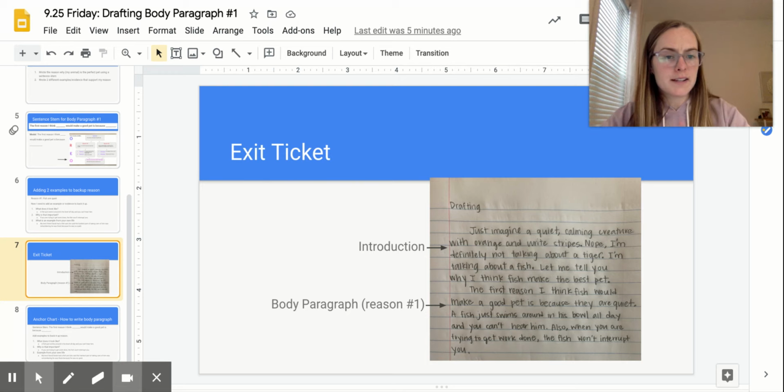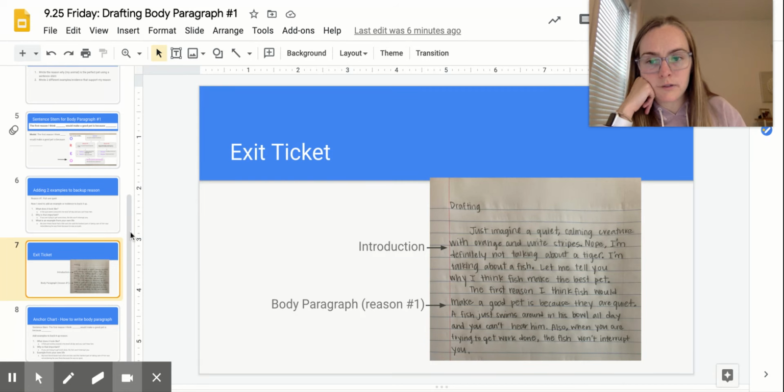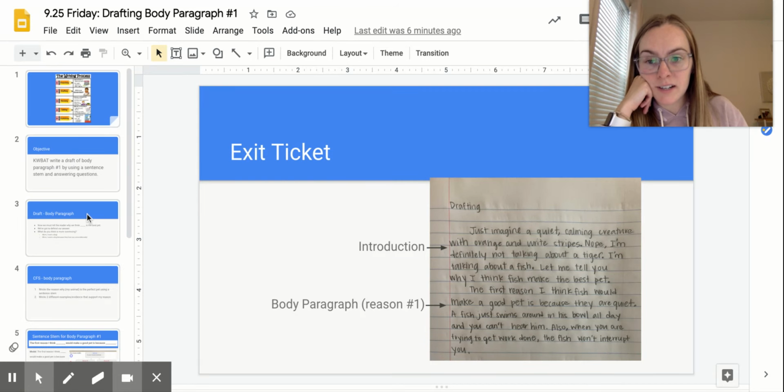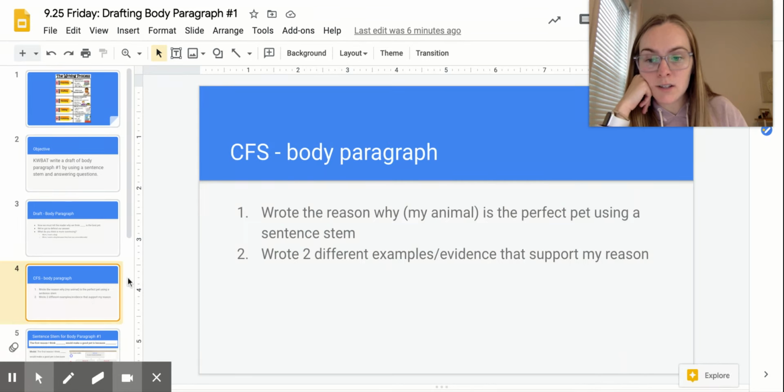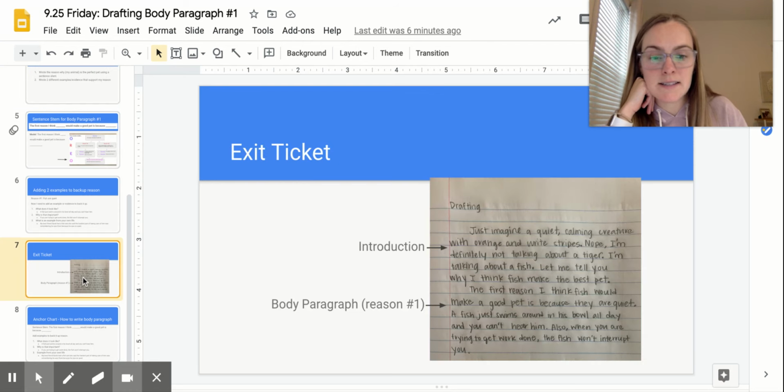Now, friends, before we submit our exit ticket, we need to check: do I have all my steps for my criteria for success? My criteria for success: write the reason why my animal is the perfect pet using a sentence stem.